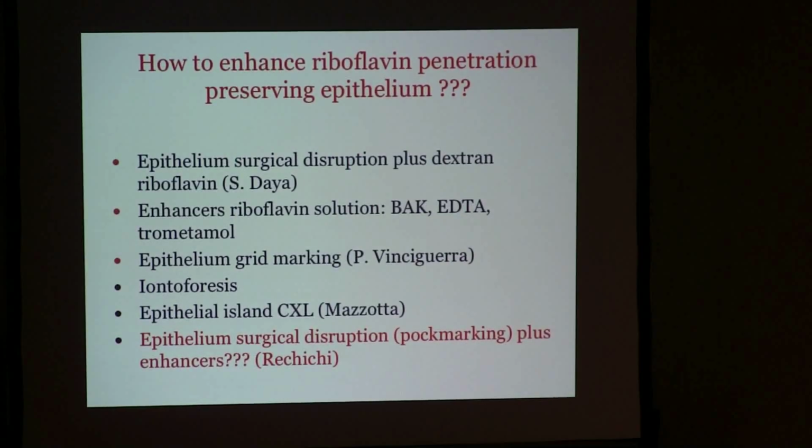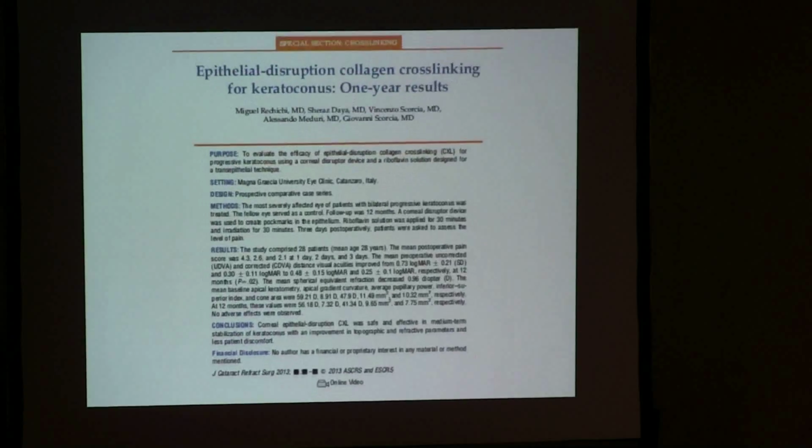How to enhance the riboflavin penetration through the epithelium? There are a lot of studies, and what I found interesting was the work of Charles Gdaya that disrupted the cornea. So I decided in the work that I will show you to use the epithelium surgical disruption plus the solution of riboflavin with a chemical enhancer like EDTA, trometamol, and benzalkonium.